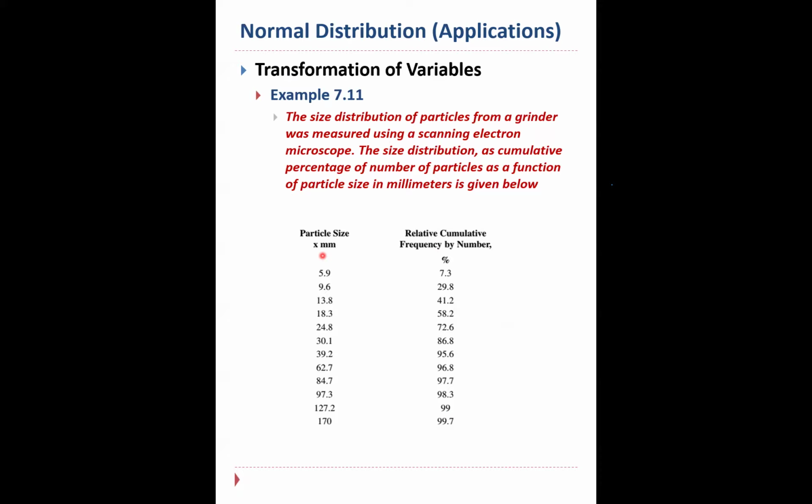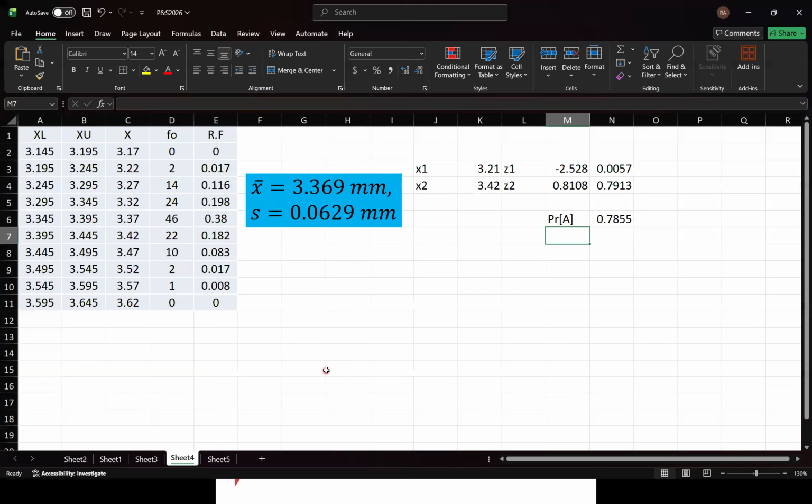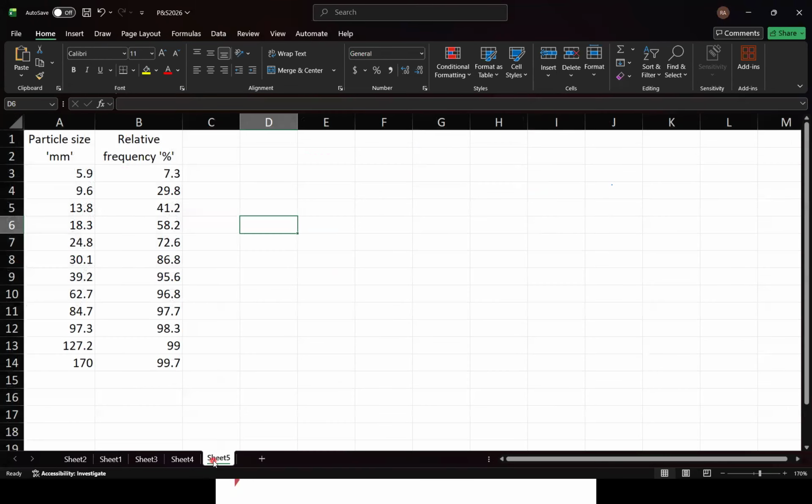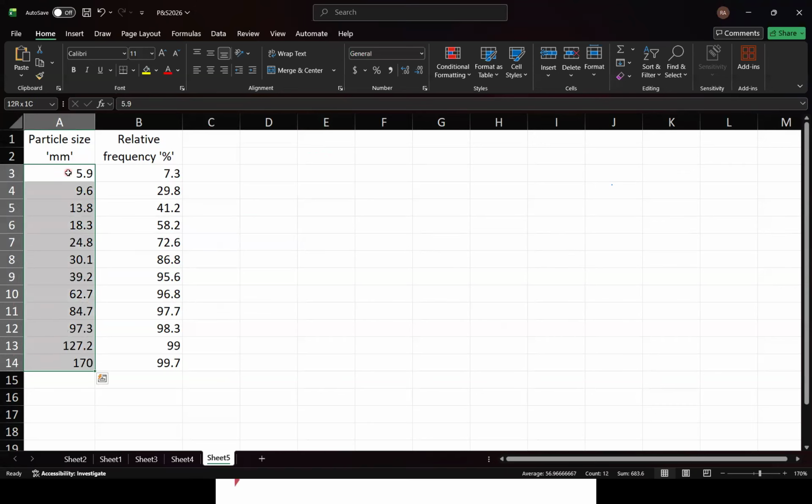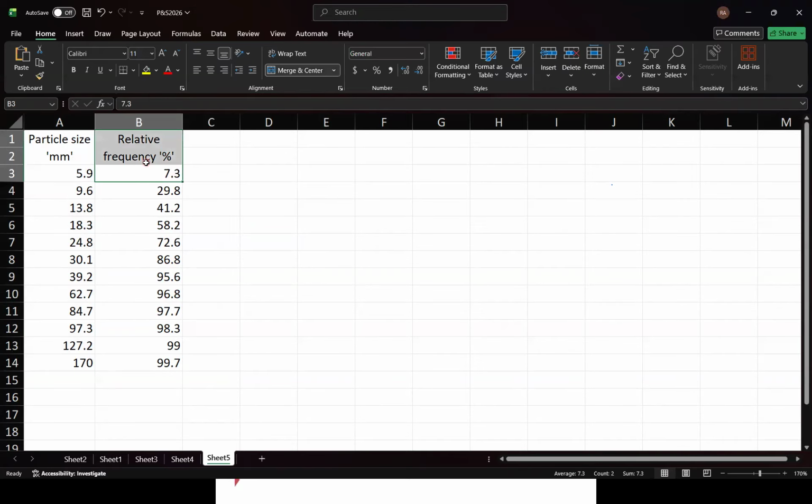So I have copied this data to a Microsoft Excel sheet. Okay, so this is here. Particle size in millimeters, and we have these values, and of course we have a limited number of observations. These are the 12 observations. Their relative frequency is provided in percentages.